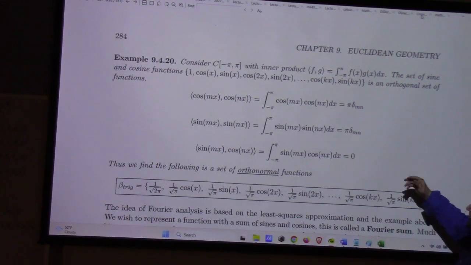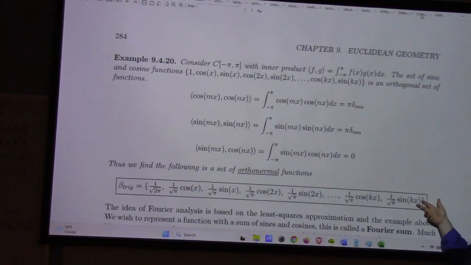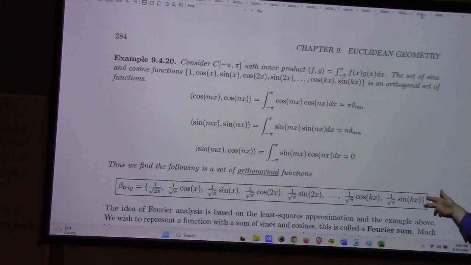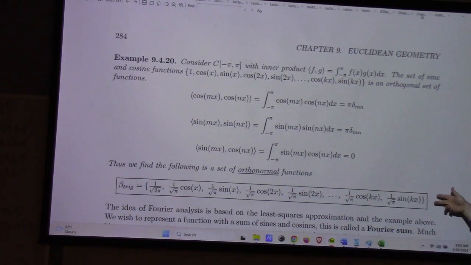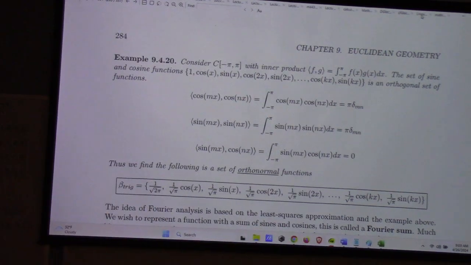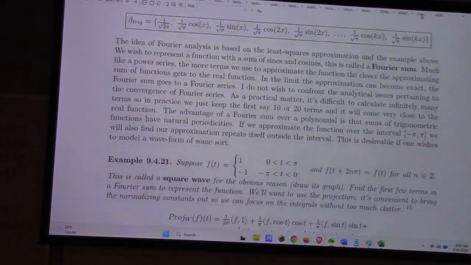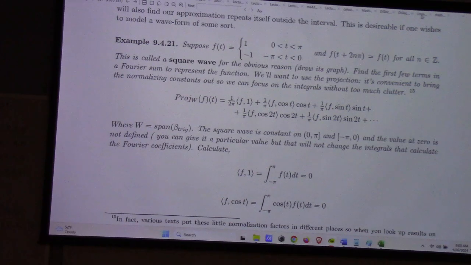But anyway, so here we go. This right here, with respect to minus pi to pi, is an orthonormal basis for the set of sines and cosines. And so I can take dot products with respect to those of an arbitrary function, and I can decompose the function into a sum of sines and cosines in so doing. Like here, a square wave goes from -1 to 1.